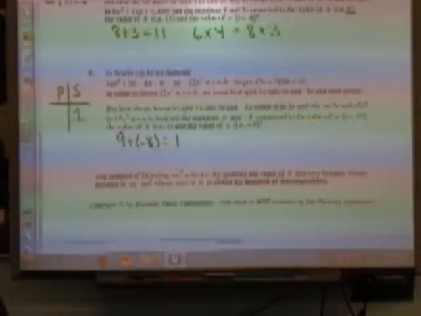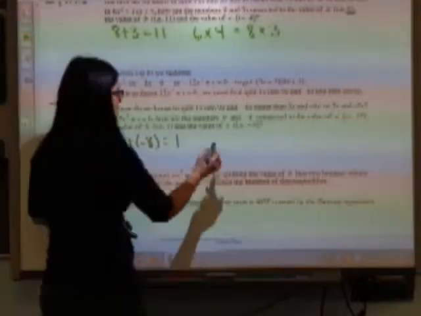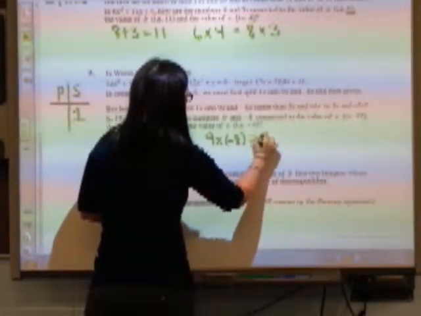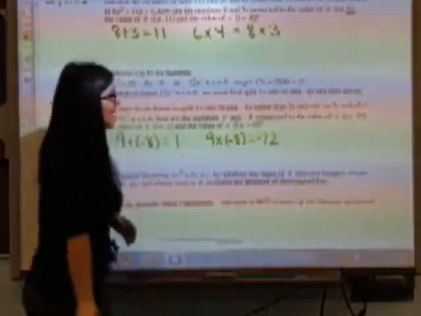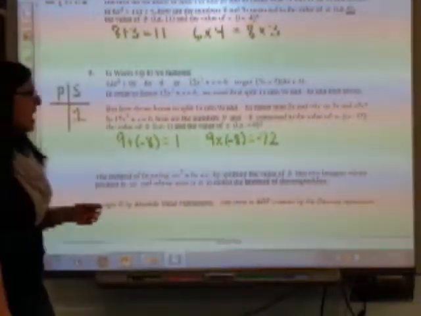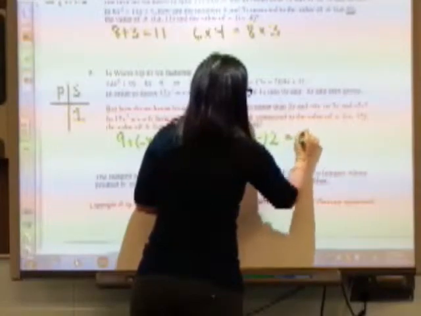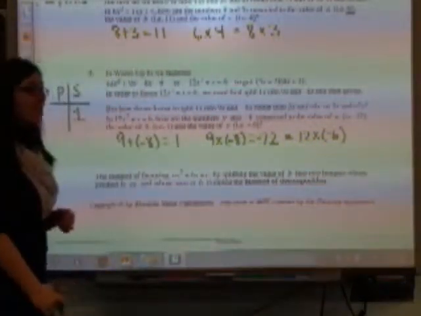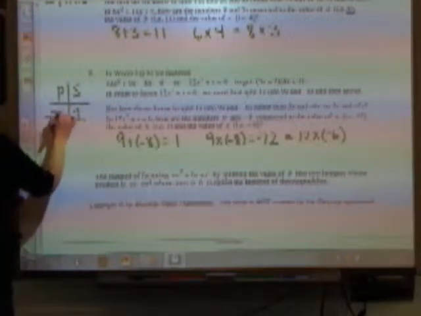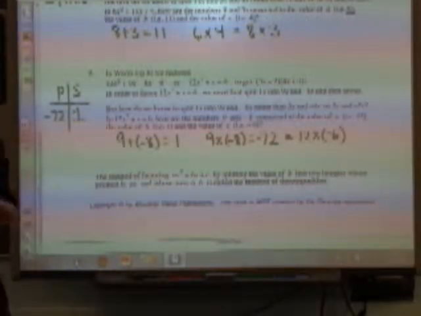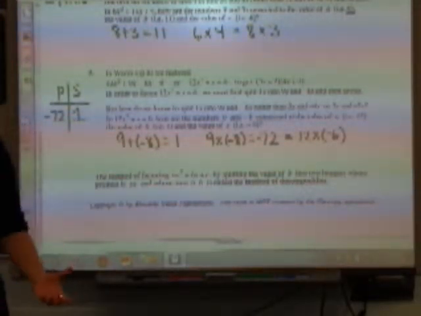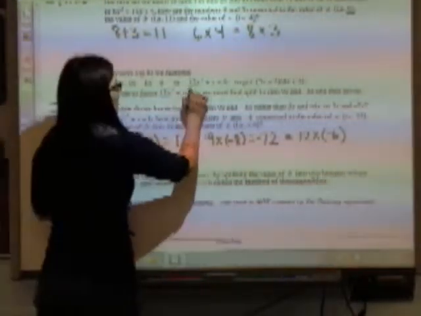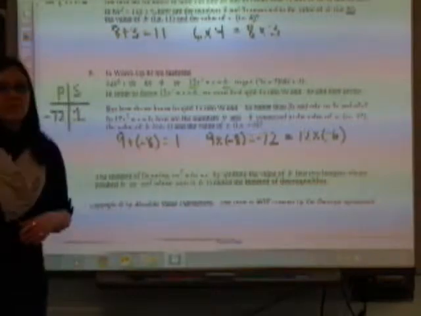There's my sum. But my product, 9 times negative 8, equals negative 72. And negative 72 is the same as 12 times negative 6. So the difference between what we did in the last lesson with our product and sum chart and in this lesson is we multiplied the first term and the last term.